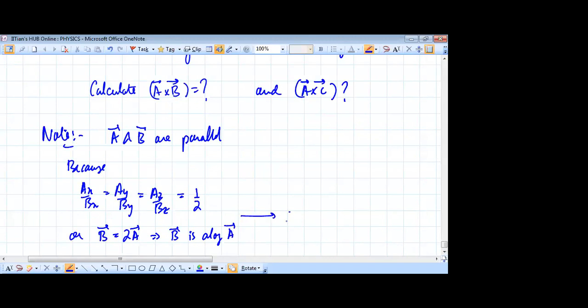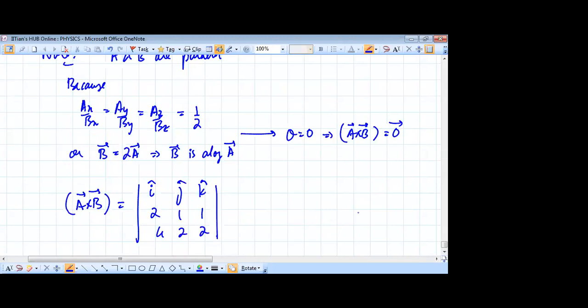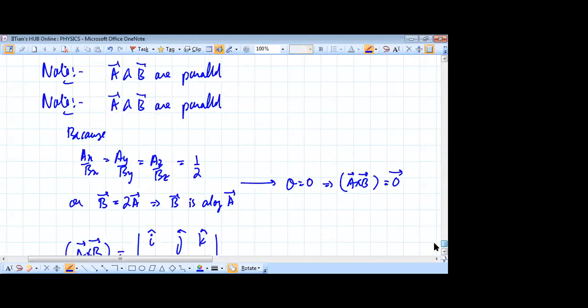So if that is the case, that means theta is 0. So obviously A cross B is a null vector. Okay. But you can also check by the matrix method. If you take A cross B by the matrix method, you will get IJK, 2 1 1, 4 2 2. So when you calculate this, each of the terms will come 0.